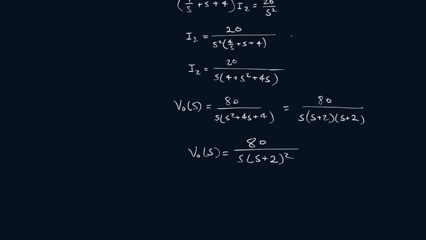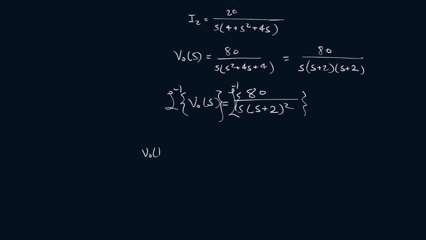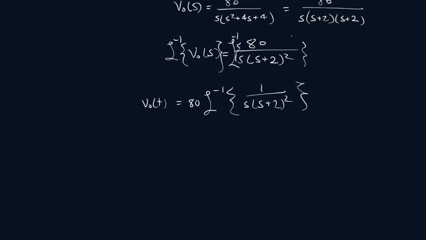Now let's take the inverse Laplace. So Vo(t) will be equal to 80 times the inverse Laplace of 1 over S times (S plus 2) squared. Now we have to just find the inverse Laplace of this. So this is what we'll do. We'll do partial fractions.